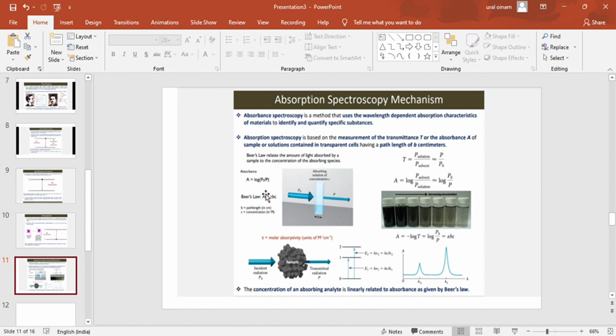And also according to Beer's law, this absorbance is equal to epsilon bc, where epsilon is the molar absorptivity, b is the path length or the thickness of the medium in centimeters, and c is the concentration.